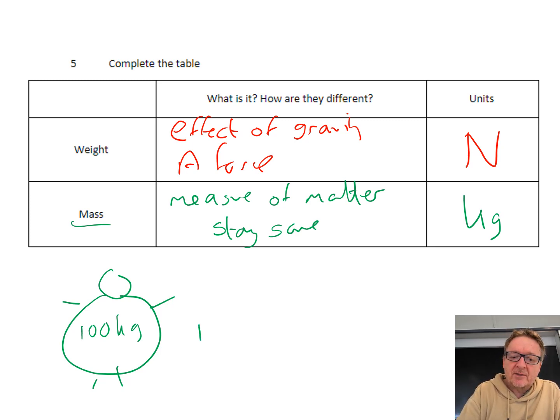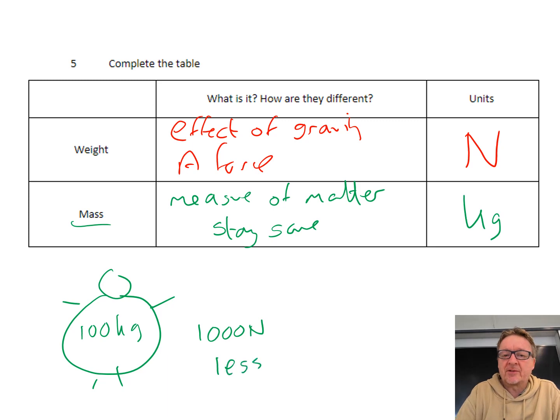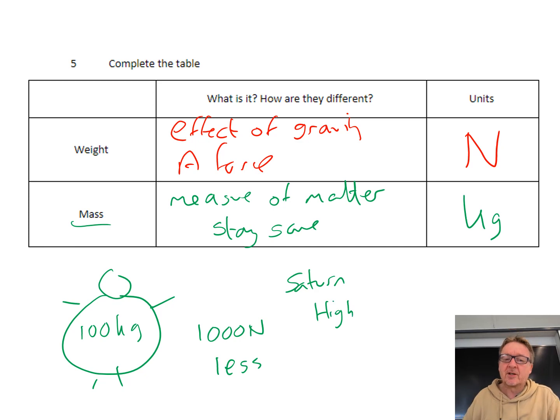If my weight was 1,000 newtons, that is due to gravity, and if I go to the moon, my weight will be less because the force of gravity on the moon is less. If I go to Saturn, it will be more because the force of gravity on Saturn is bigger. So mass stays the same, weight changes depending on the gravity.